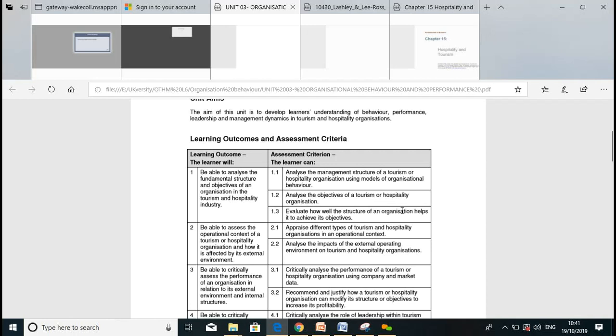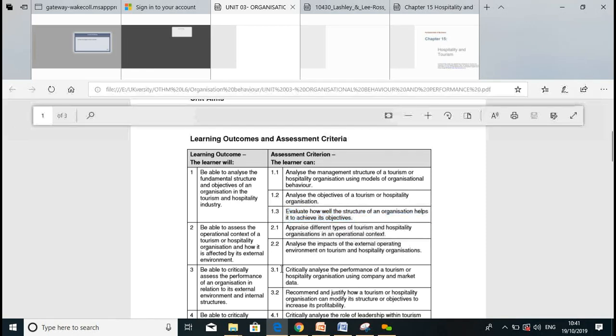You need to look around at the activities we are doing to achieve those objectives. If we don't have a structural approach, we're not going to achieve our organization's objective. So we need to evaluate thoroughly how well the structure of an organization helps to achieve its objective. We'll discuss different organization structures and how they help.